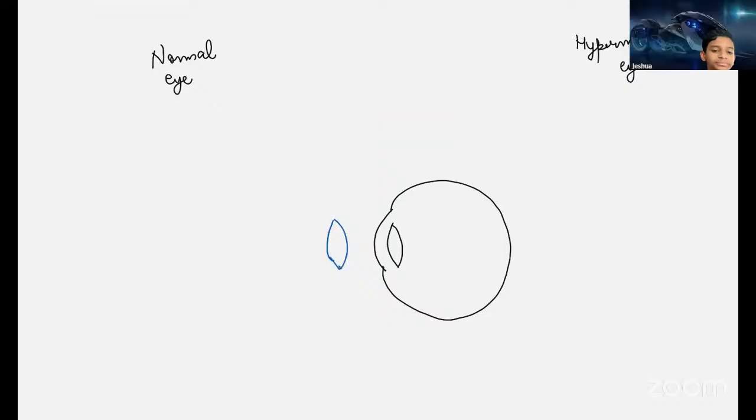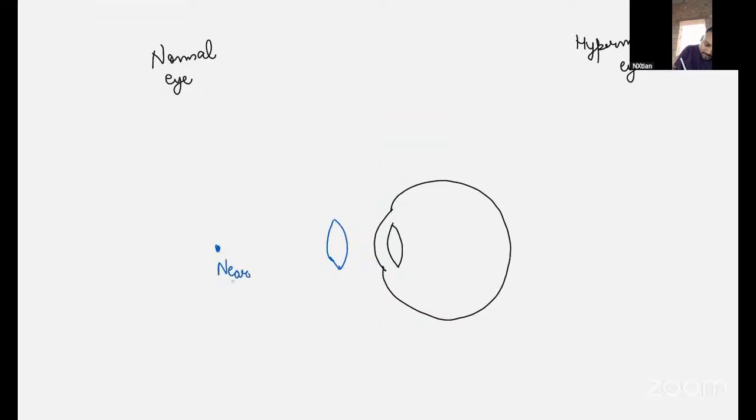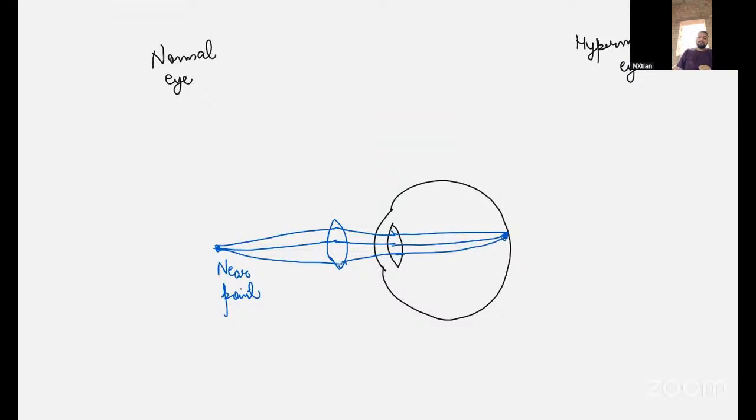It will converge the rays a little, such that the image comes back to the retina.